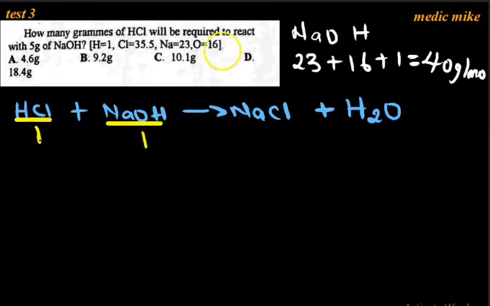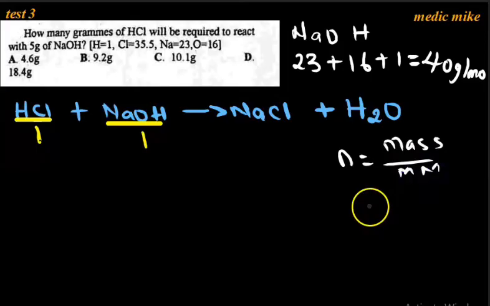So we are going to be looking for the mole of sodium hydroxide since its mass was given to us in the question. So mole equals mass over molar mass. Our mass is 5 grams.